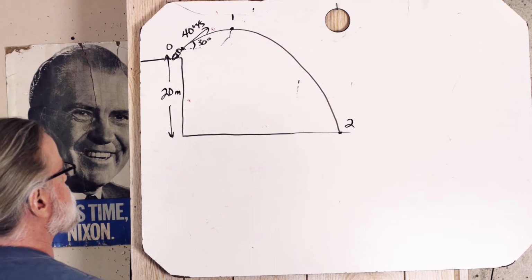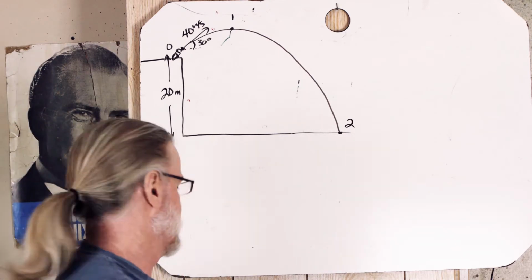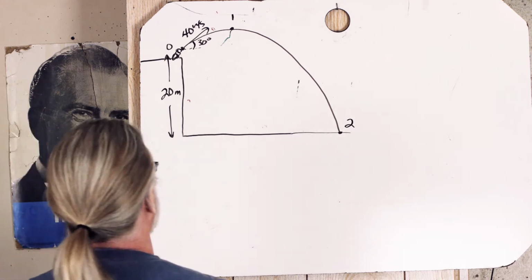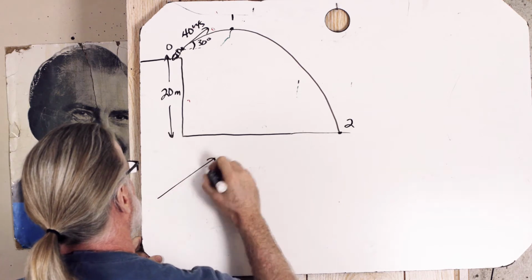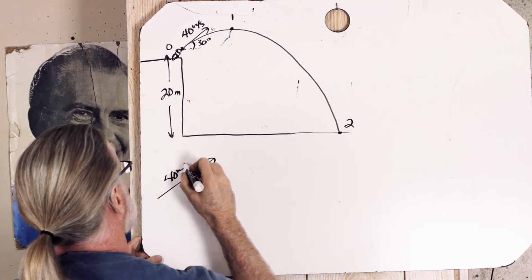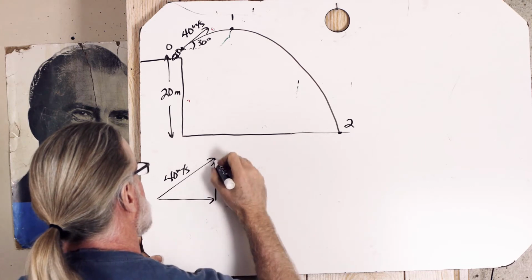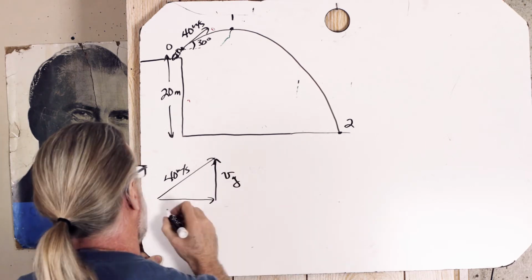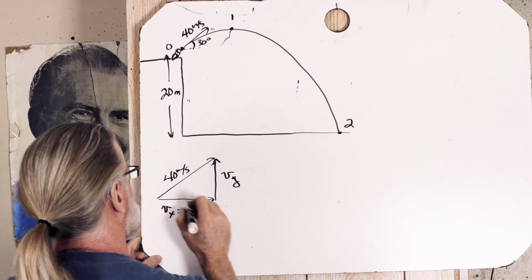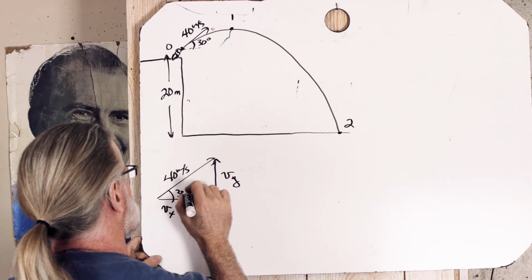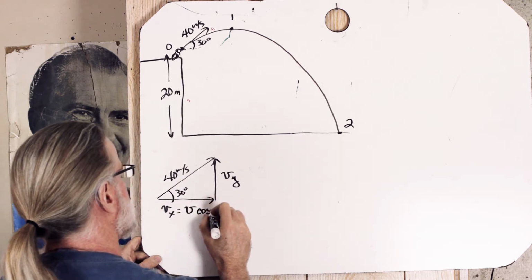All right. So the first thing we need to do is break the velocity vector into its vertical and horizontal components. The thing is going at 40 meters per second. Let's calculate Vx, which is the total velocity times the cosine of theta.